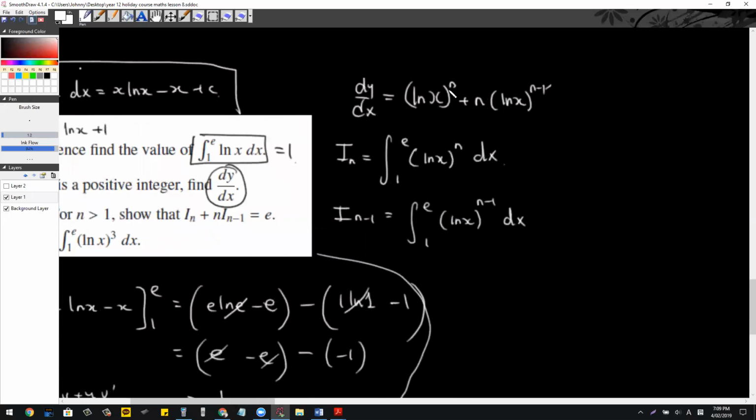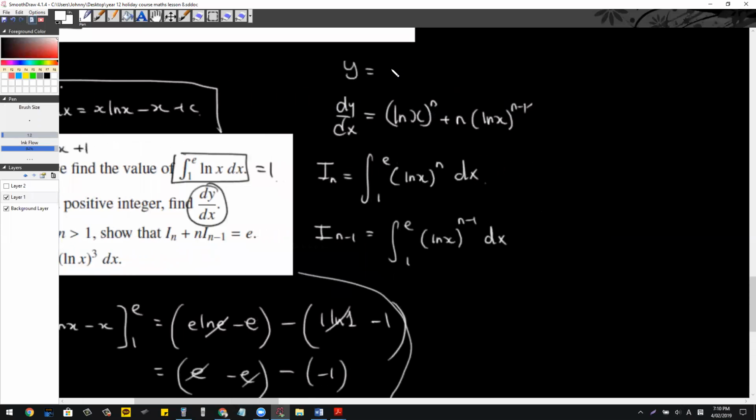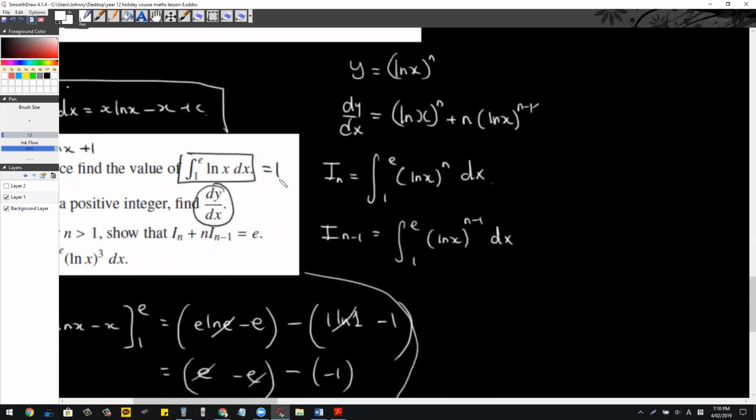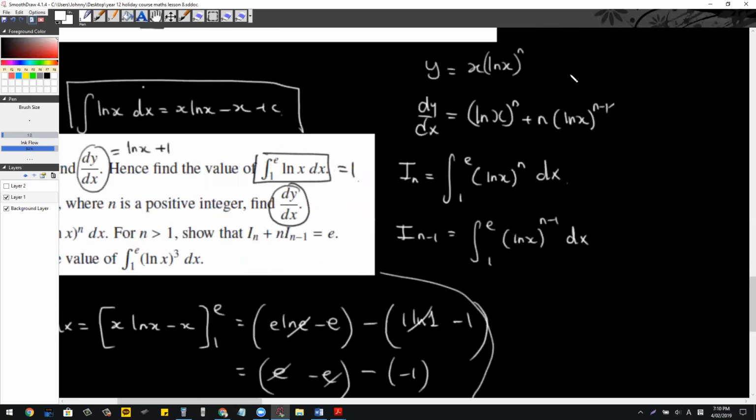So you can see that if y is equal to x ln x to the power of n, the differentiation of that is this, right? That's what we found here. So it gets a bit complicated.